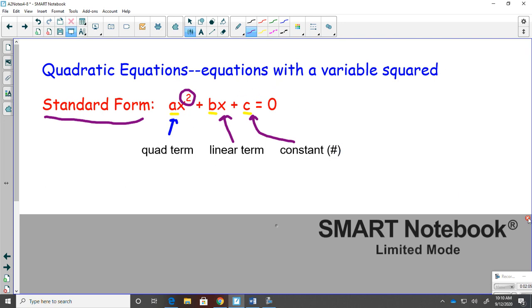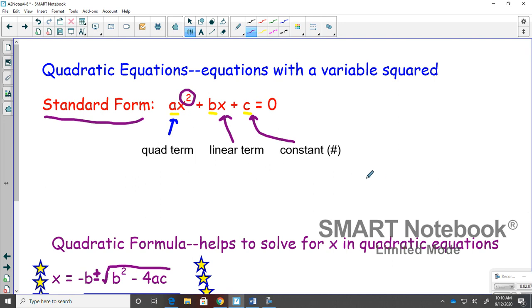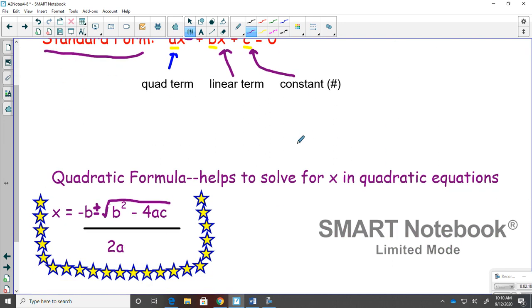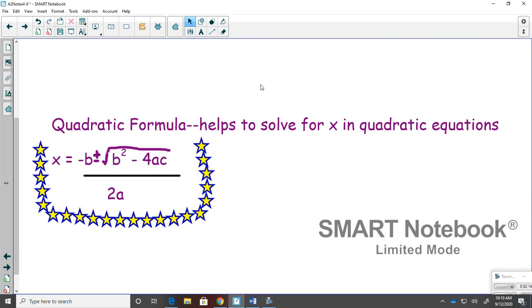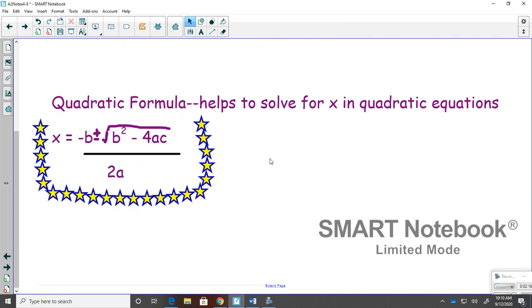From Algebra 2, you learned different ways to solve quadratic equations. You should have learned how to solve them using factoring, graphing, and then what's called the quadratic formula. The quadratic formula helps you find the x variable in the quadratic equation.